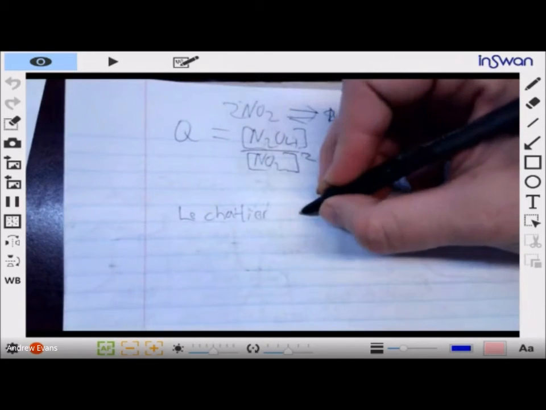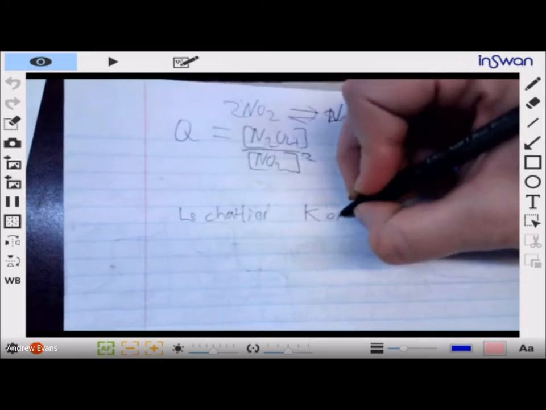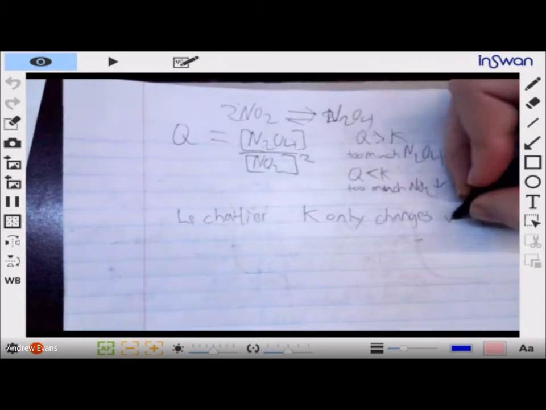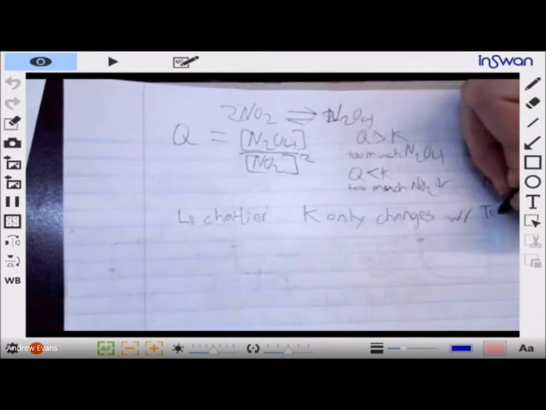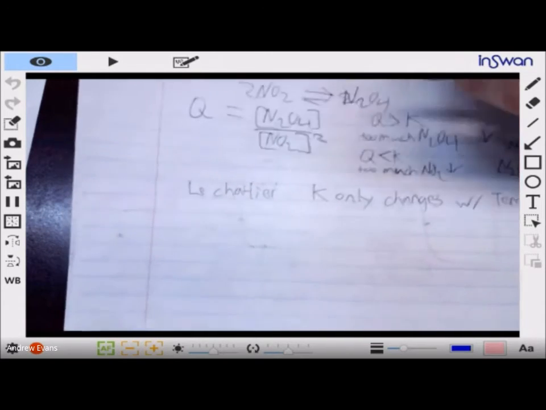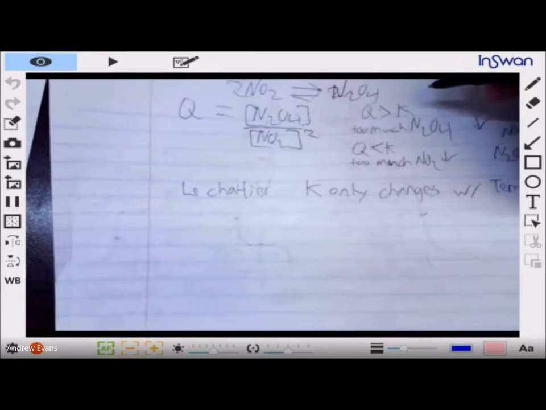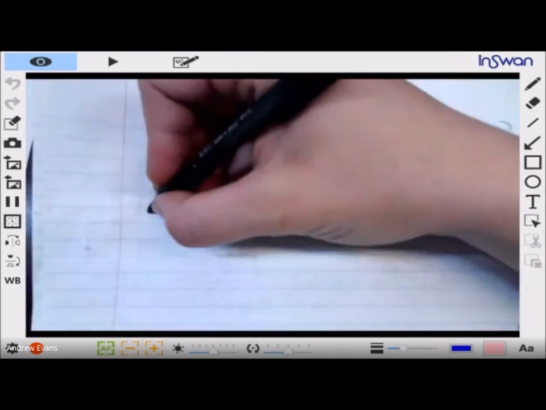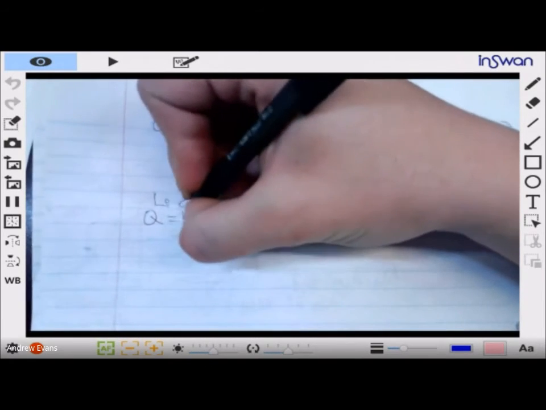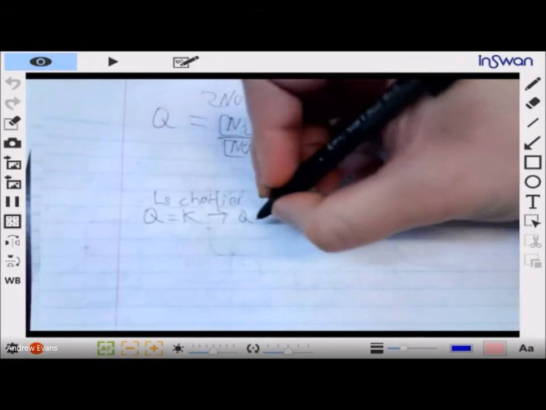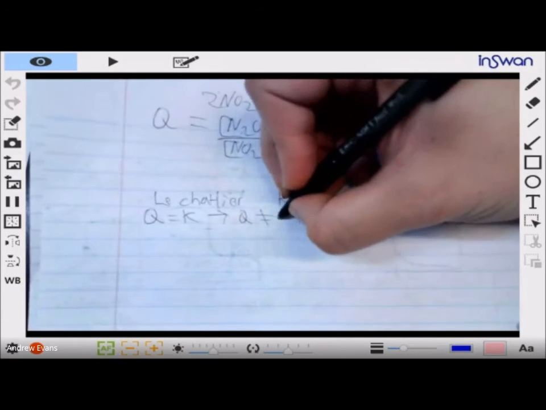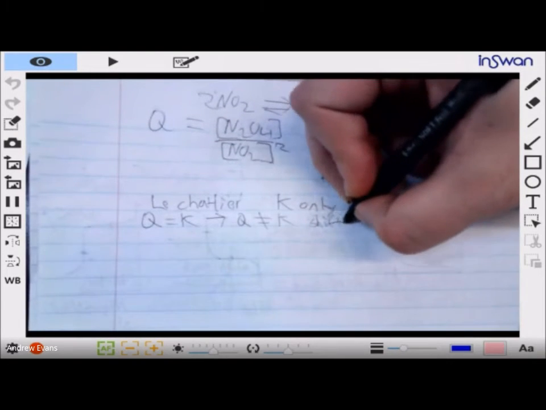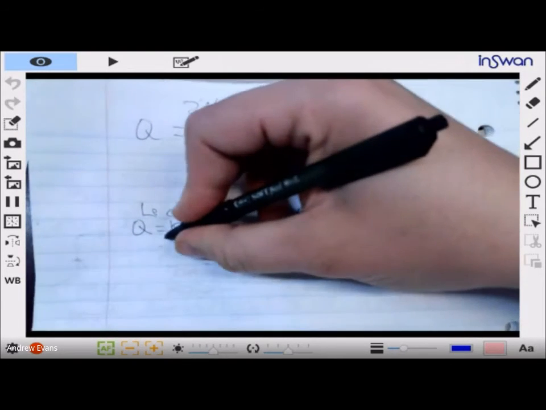Remember, K only changes with temperature, so the only way to actually change K is by increasing or decreasing the temperature. All other things would just disturb the Q. Le Chatelier said we take from Q equals K to a situation where Q does not equal K, and so it has to shift to get back to where Q equals K.